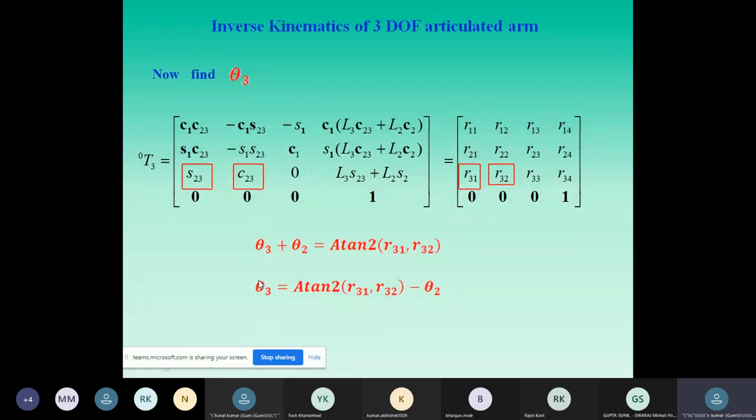From that, theta 3 is equal to that minus theta 2. Theta 2 goes to the right side, so it is minus, and only theta 3 remains, because we know theta 2 from the previous solution. So the only unknown is theta 3.